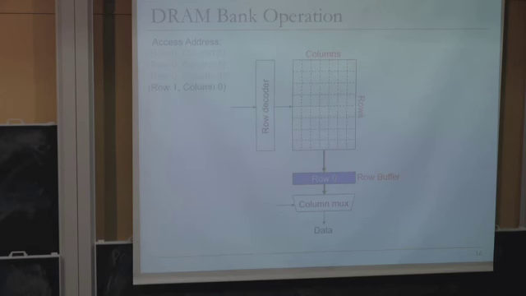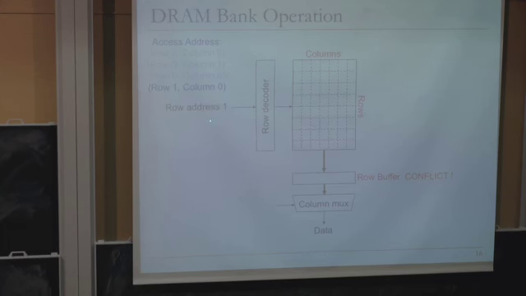And let's say now you have an access to a different row, row 1. The controller realizes that row 0 is in the row buffer. What it needs to do is bring row 1 into the row buffer, which means that the controller first needs to issue a precharge command. This is called a row buffer conflict. Basically, you're trying to access a row that's conflicting with what is open in the row buffer. The controller needs to issue a precharge command, which restores the data in the row buffer into row 0.